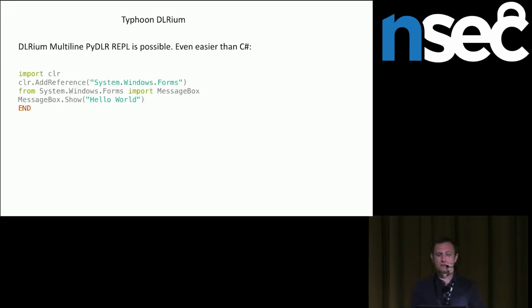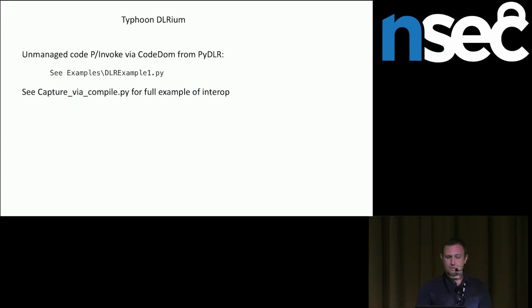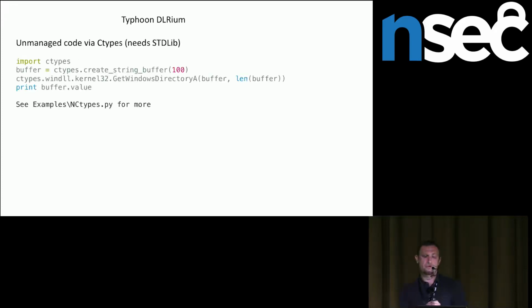Again, let's do an even easier REPL. You don't have to compile anything. You can just start working with the CLR namespace. Pretty easy, right? You just load it up, and then you execute it in the REPL. Here's another example where you can go further, and instead of using .NET, you can use ctypes for the types of things that you want to call on, interop emulation.